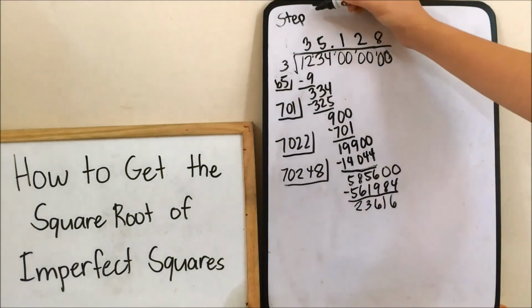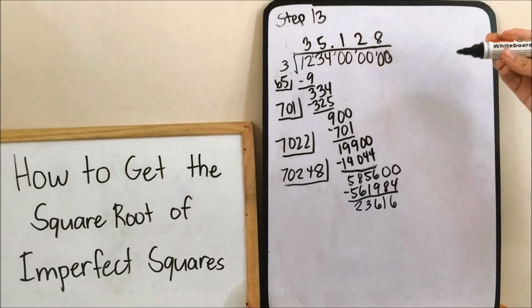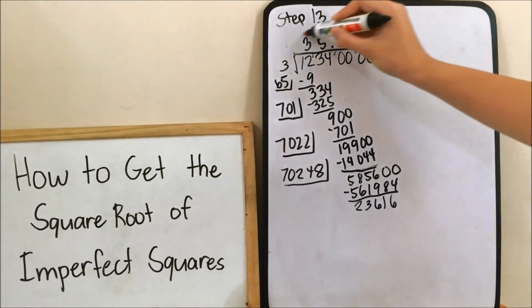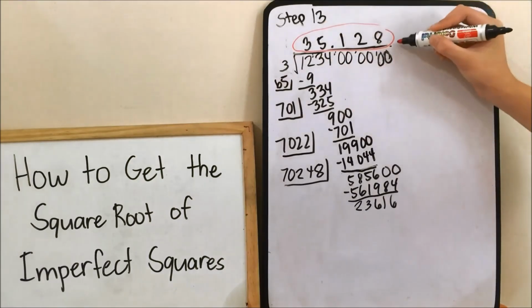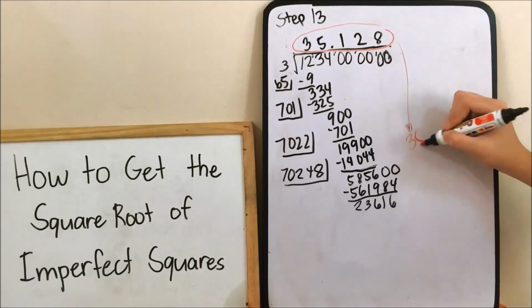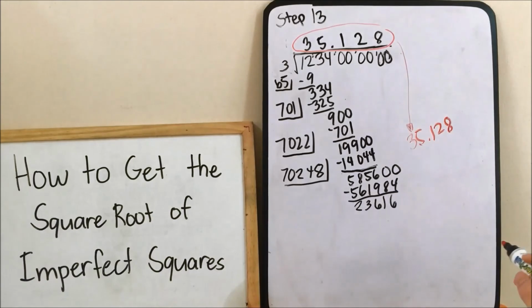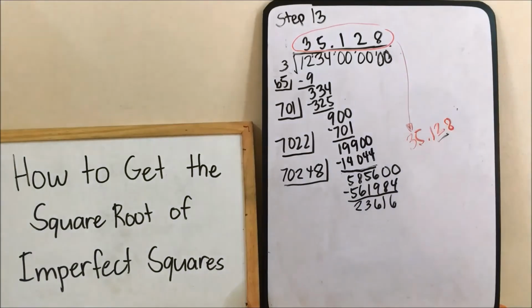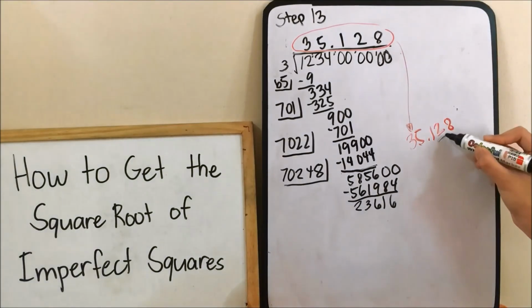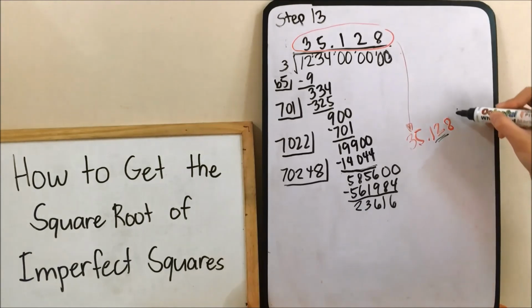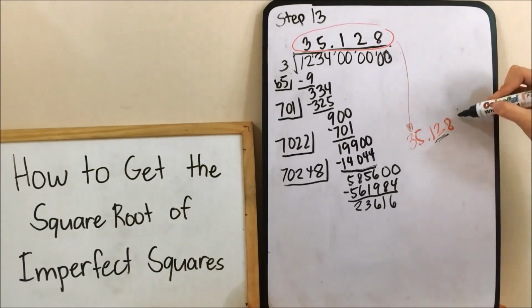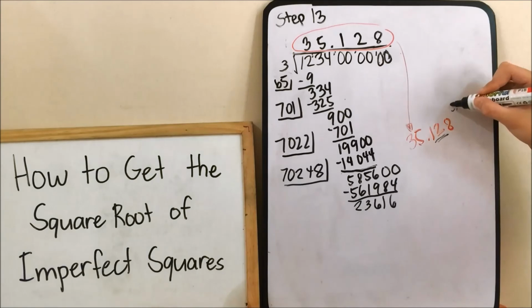Step number 13. Our last step. For our last step, we'll be taking this 35.128 and we will round it off to the nearest tenths. The number in the tenths place is 2 and the number beside it is 8. So 8 is greater than 5.